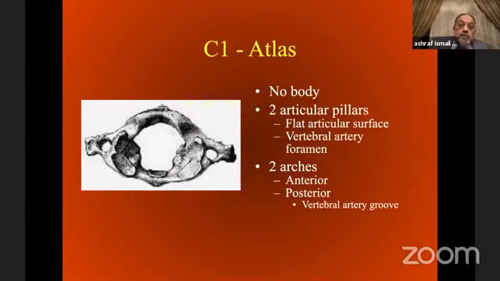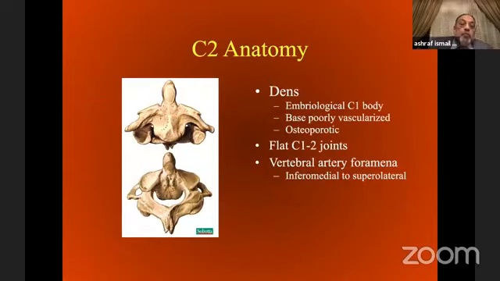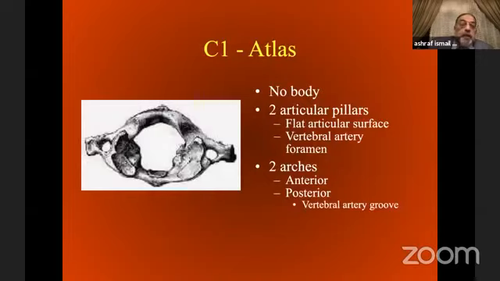It has two articular surfaces, superior and inferior. The superior articular surface articulates with the condyles of the occiput, allowing flexion and side tilting of the skull, but minimal or no rotation. The inferior articular surface articulates with the C2, moving around the odontoid process, with the superior articular surface of the axis.